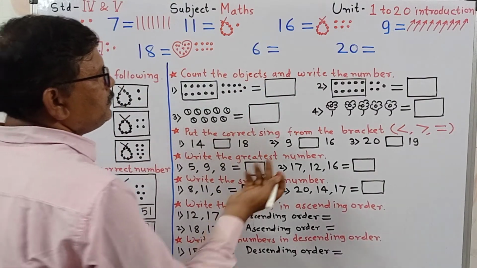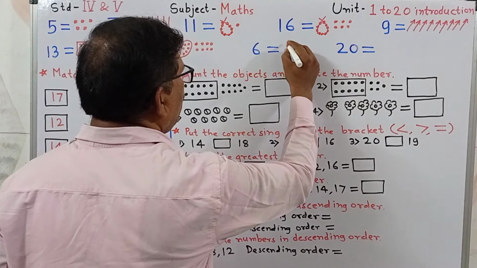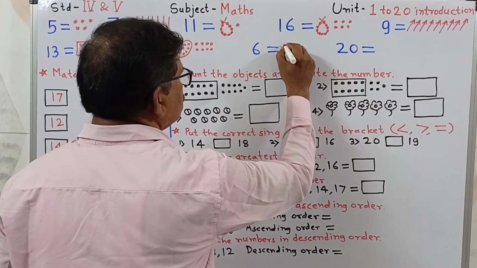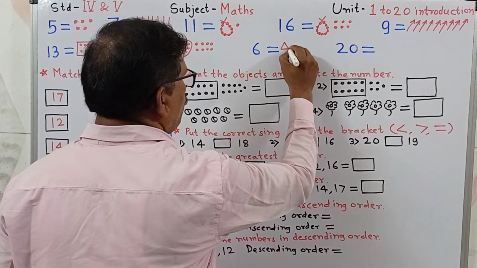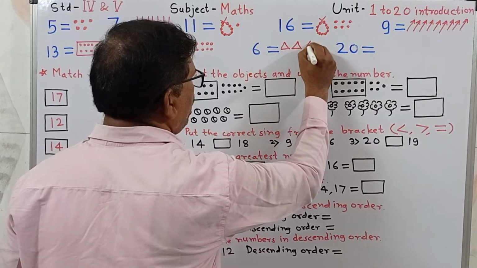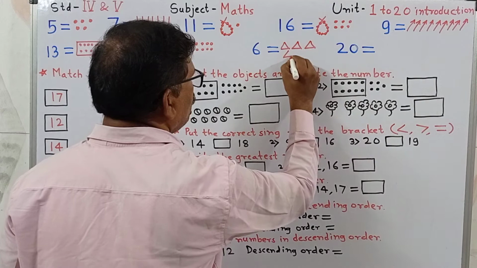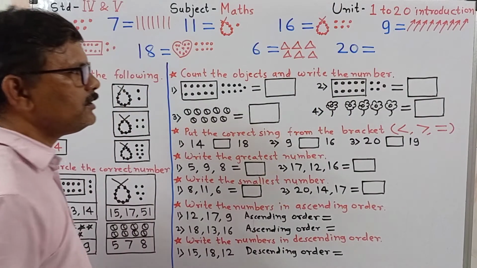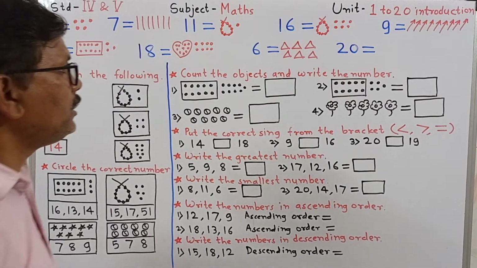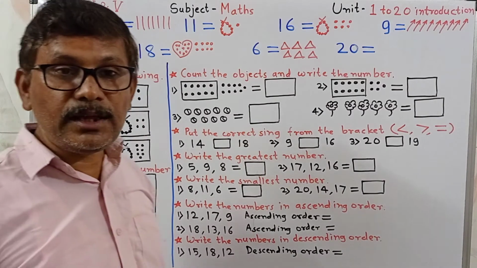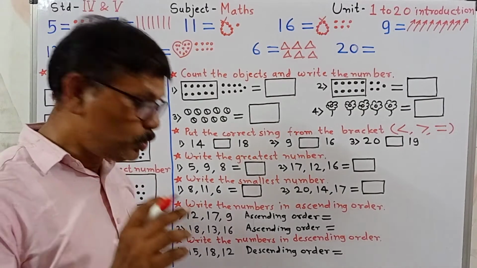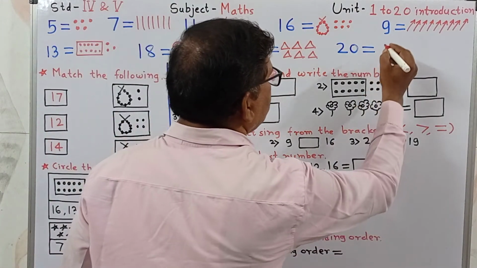6. So, draw any object. 1 triangle, 2 triangles, 3 triangles, 4 triangles, 5 triangles, 6 triangles. Okay, this is 6. 20. 20 means 2 tens. How to write here?